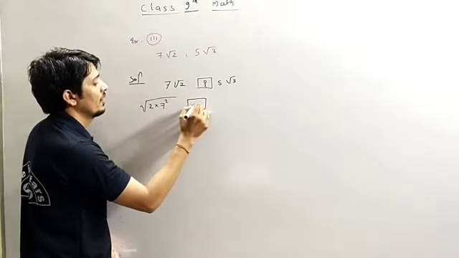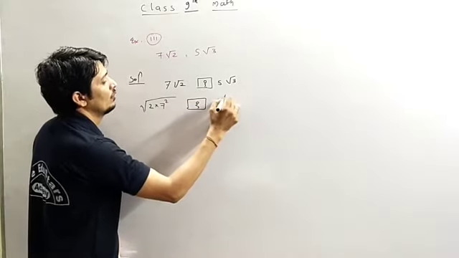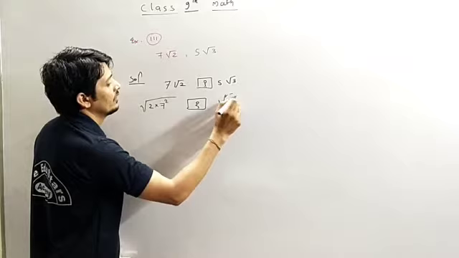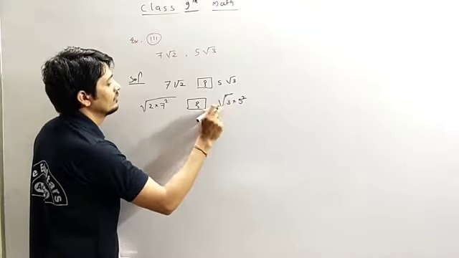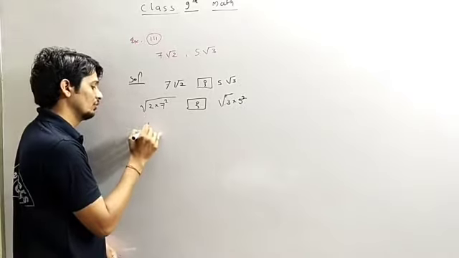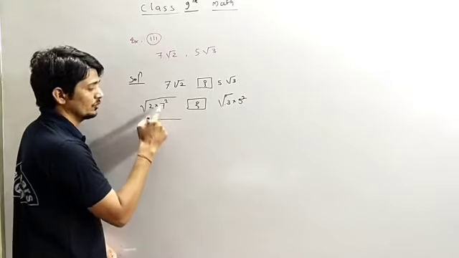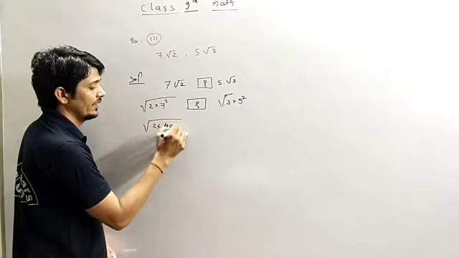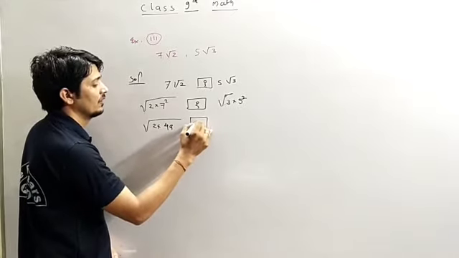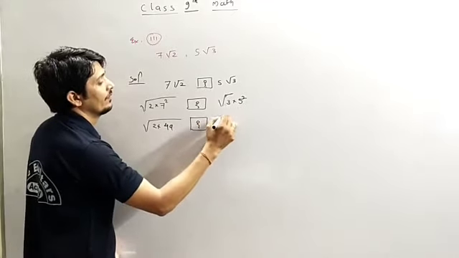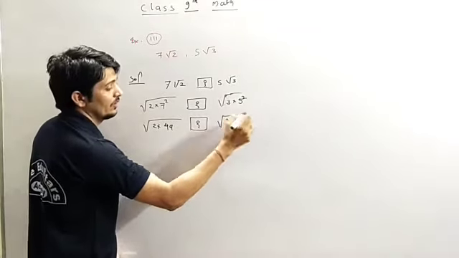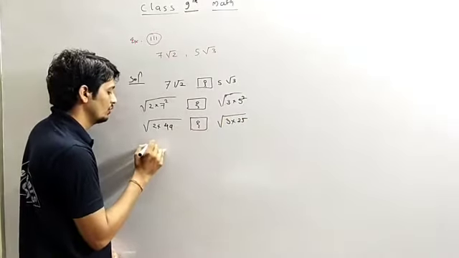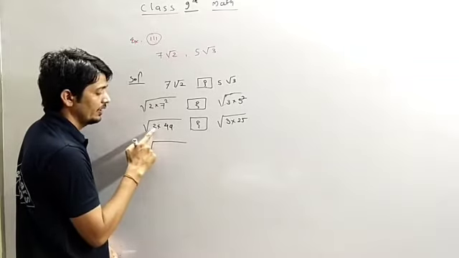Again, 5 in root 3 into square of 5. So inside the root, 2 into square of 7 is 49. Then 3 into square of 5 is 25. So root 49 into 2.